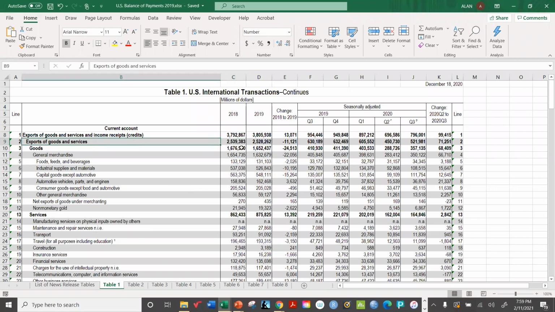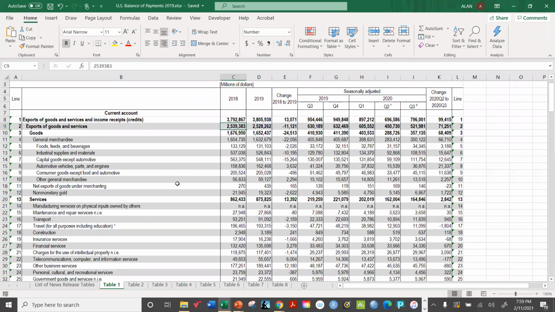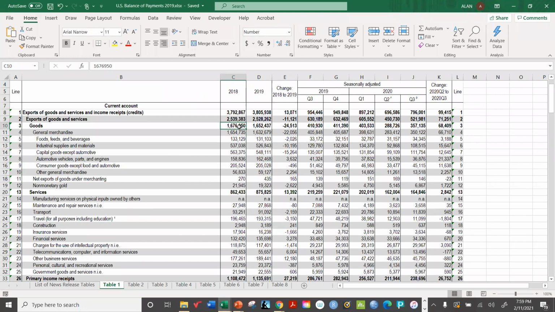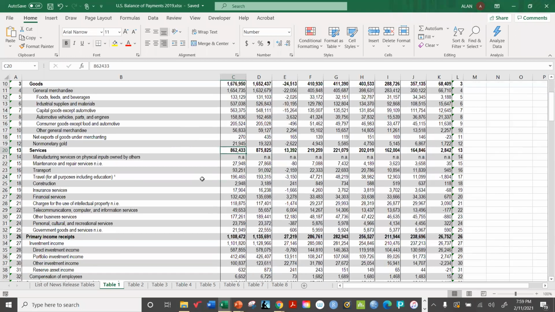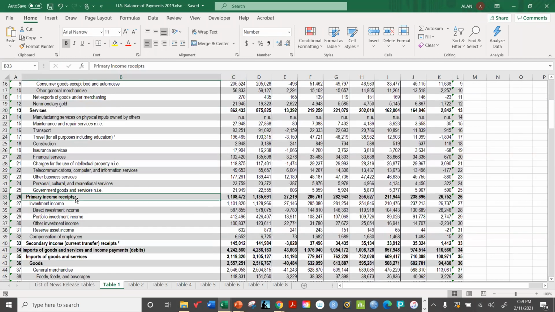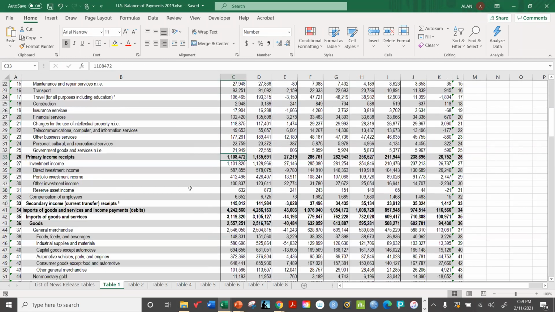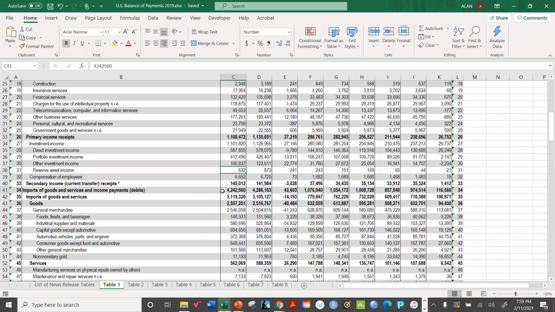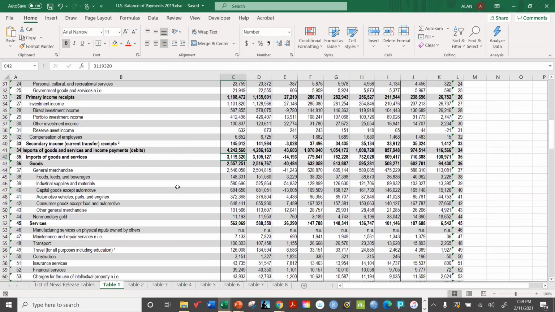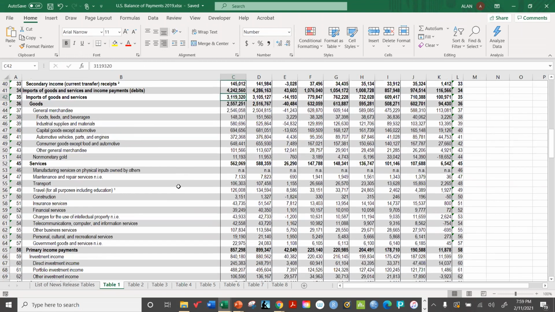We've got the exports of goods and services, roughly $2.5 trillion, which they then further break down into goods, about $1.7 trillion, and services, about $860 billion. And now income receipts, we'll discuss that in a few minutes. And then we have imports of goods and services, about $3.1 trillion.